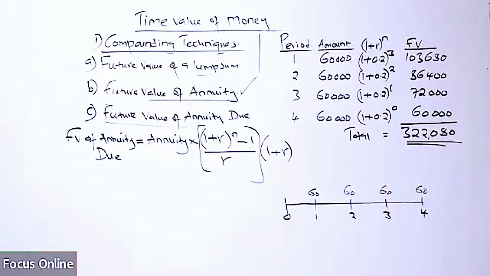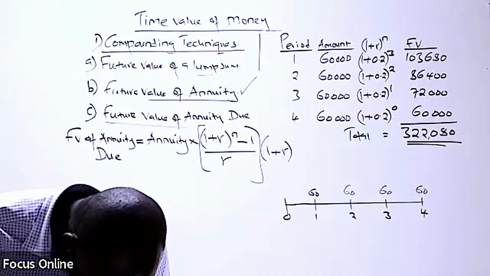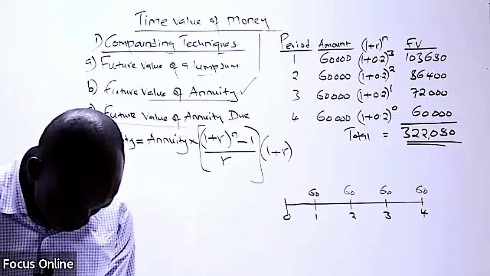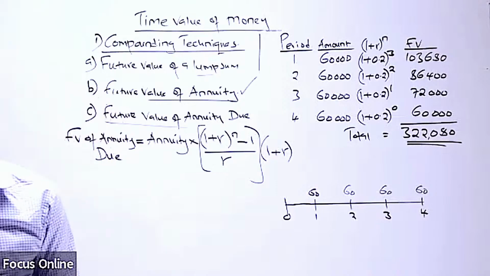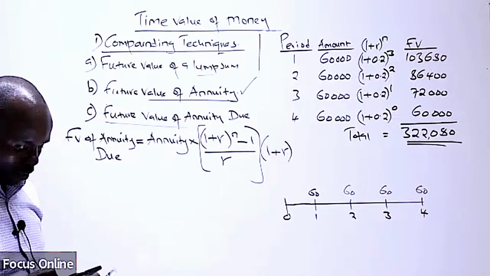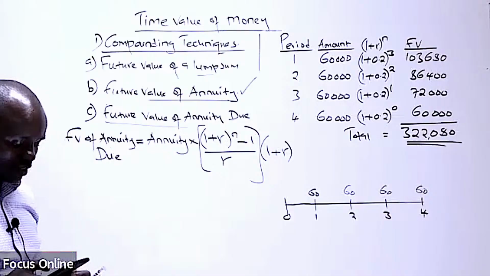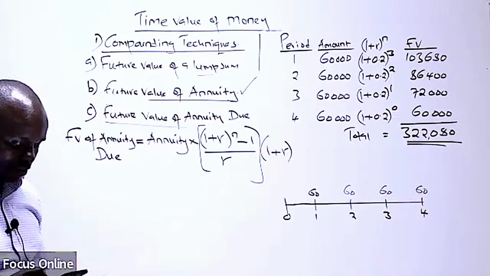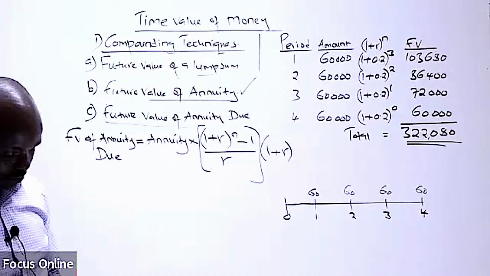And then we have an illustration. So back to the handout, there is an illustration: finding value of an annuity due. If you can check in the handout, they're saying, assuming the above example, the investment is made at the beginning of the year rather than at the end. So example, what is the value of shillings 100,000 investment annually at the beginning of each of the next 5 years at an interest rate of 12%?